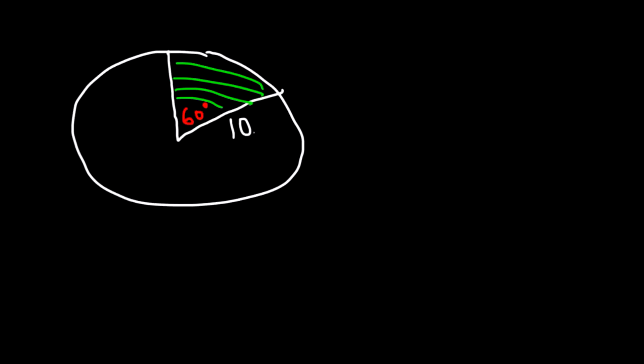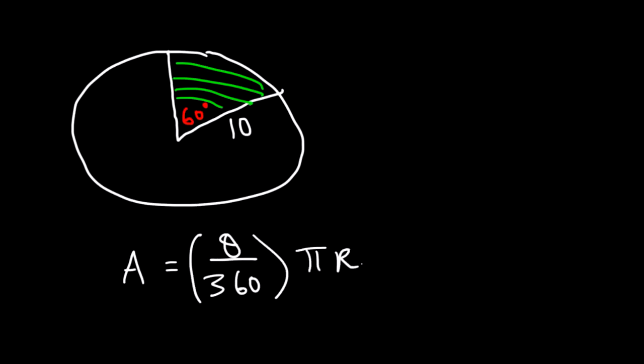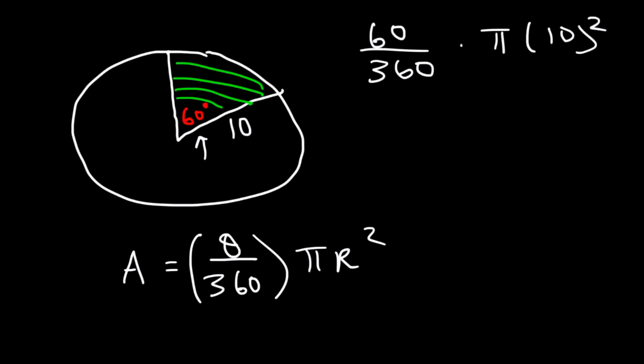Just the sector. To find the area of a portion of a circle, it's going to be the angle in degrees divided by 360. So that's the fraction of the circle times the area of the entire circle, which is pi r squared. So the angle theta is 60. So it's going to be 60 divided by 360 multiplied by pi times the radius squared, which the radius is 10.